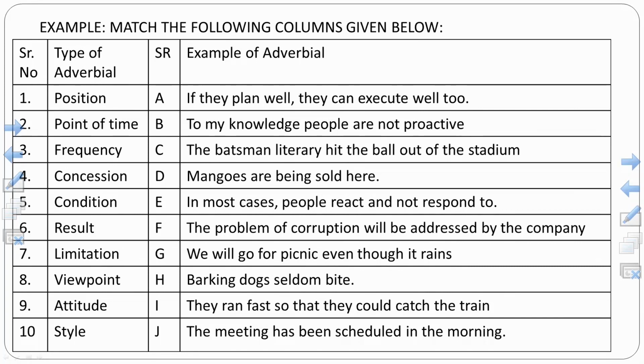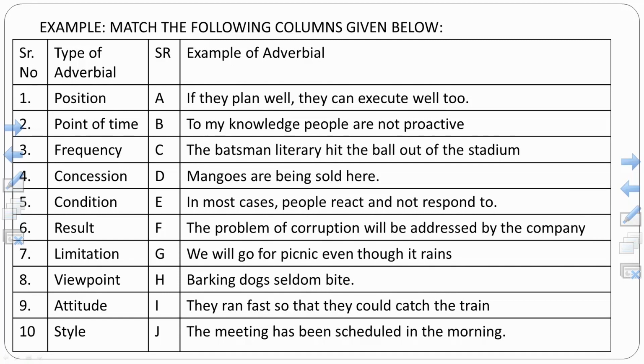We just need to match all these examples with their particular adverbials. Here 10 types of adverbials are given. So in this exercise, we are going to match all the adverbials with their proper examples.